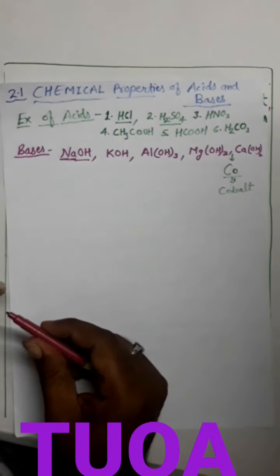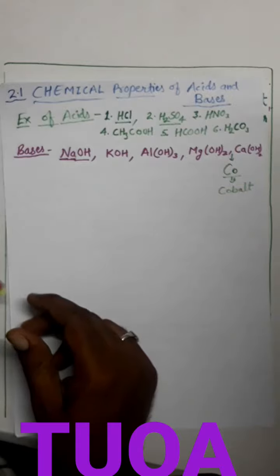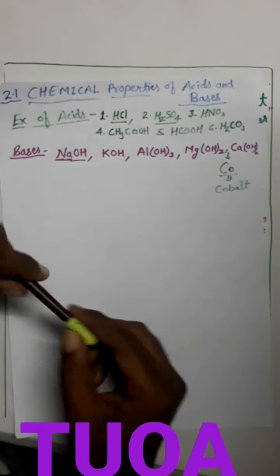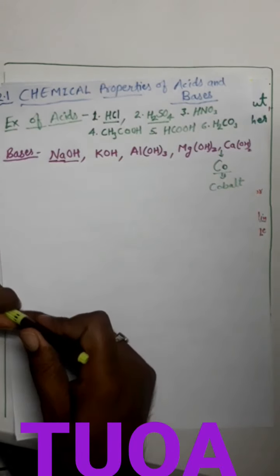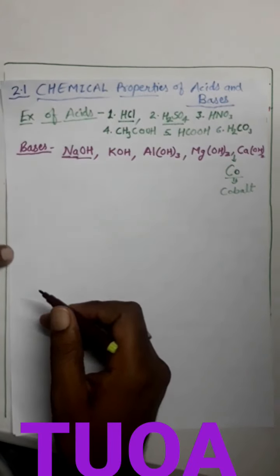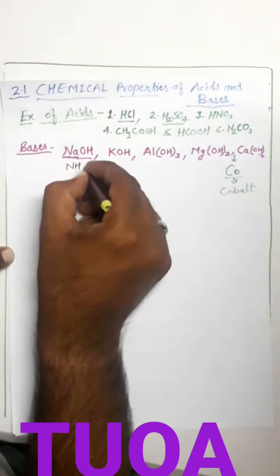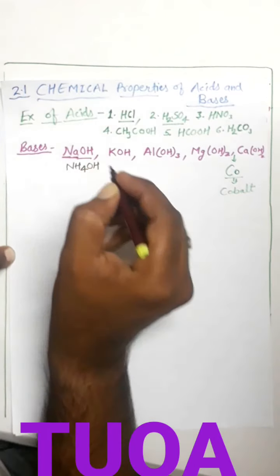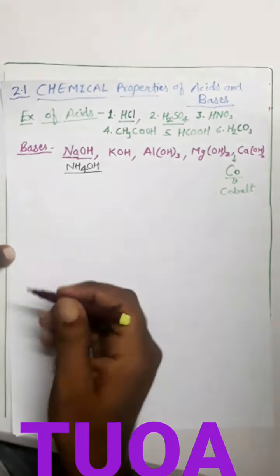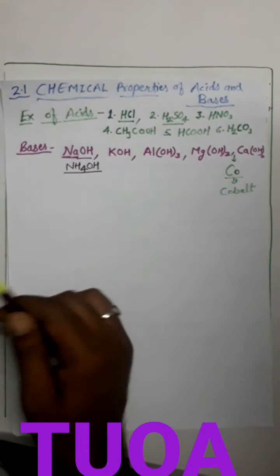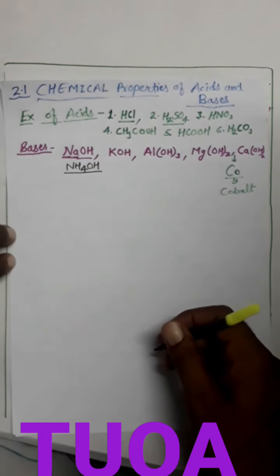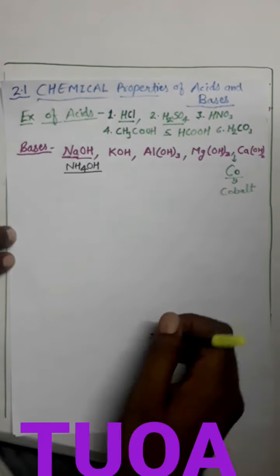So these are some examples of acids and bases which we will be using frequently in this chapter. One more example of base you can include here, that is ammonium hydroxide, and the formula is NH4OH. Ammonium hydroxide is a very important base. We will be discussing more about this base later on.